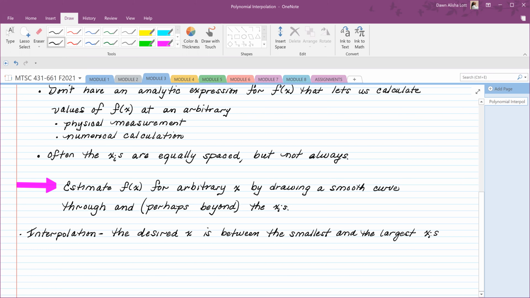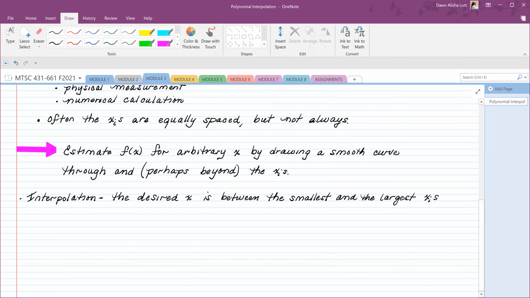Interpolation usually gives you a better approximation than extrapolation, because with extrapolation, the desired x is outside my range. The desired x is outside the xi's.